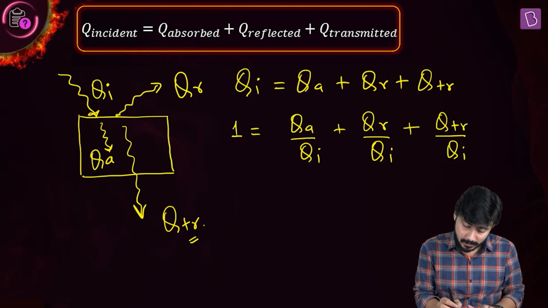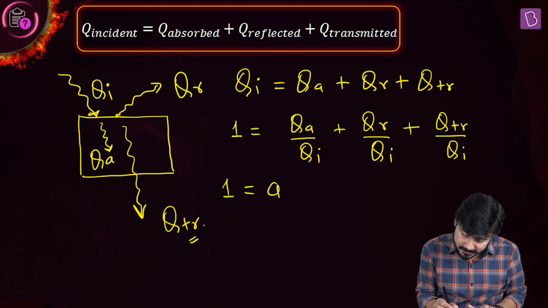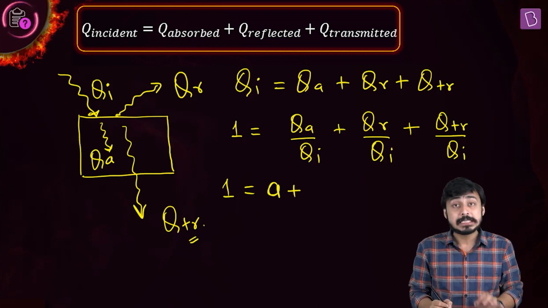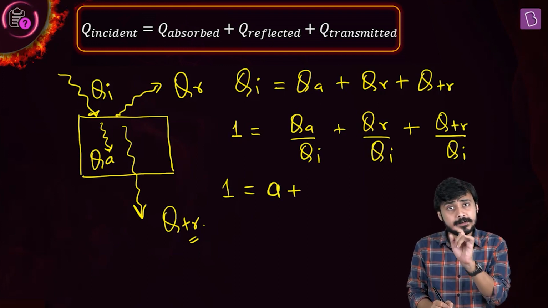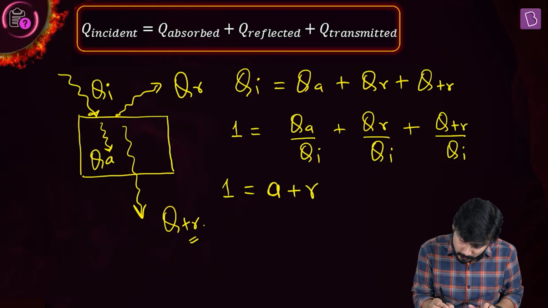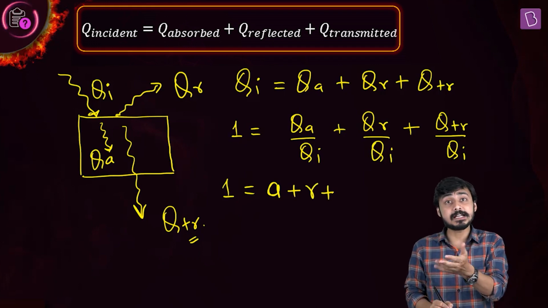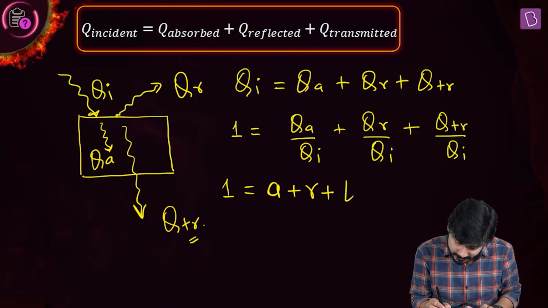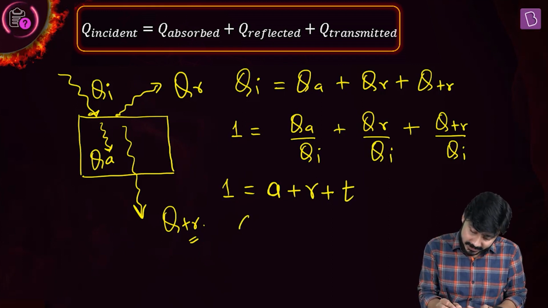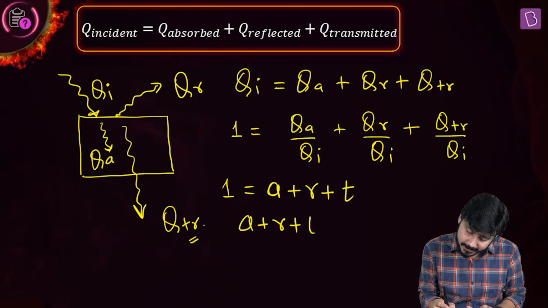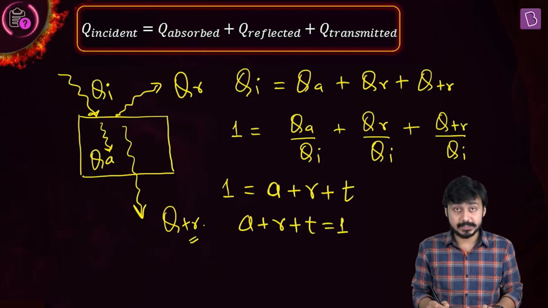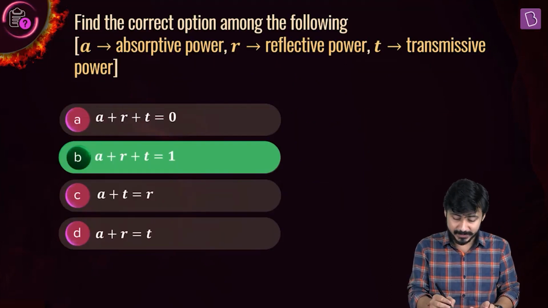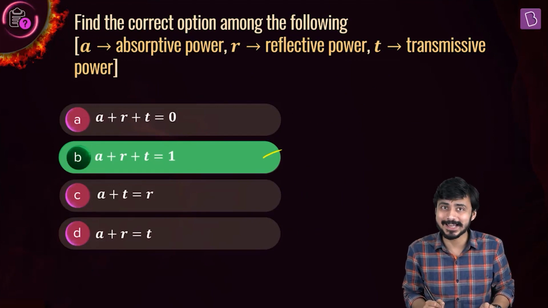So 1 is equal to A, that is the absorptive power, plus QR by QI, that's the reflective power of the body, plus Q transmitted divided by QI, that's the transmissive power of the body, that's T. So the relation we get is A plus R plus T is equal to 1. Let's check the options. Option B will be the correct option in this case.